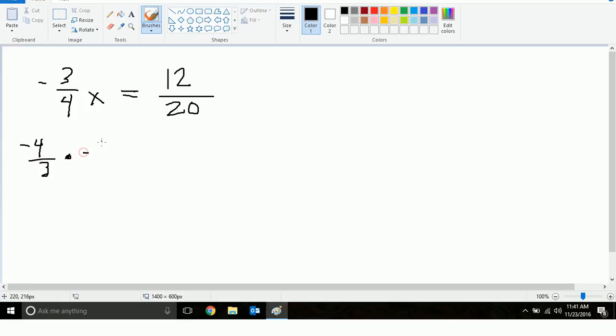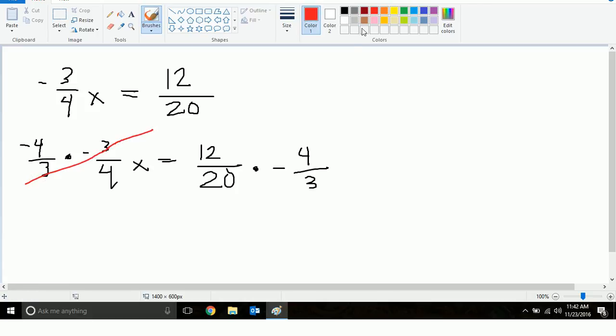We know those are going to cancel out. The important part is we do it on the other side, times negative 4 over 3. Okay, so we know that those are going to cancel out, going to leave us with x.